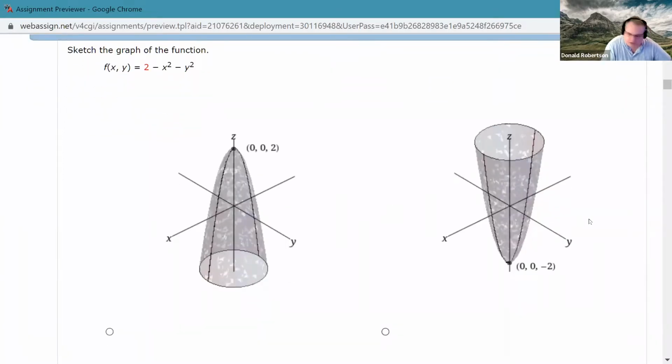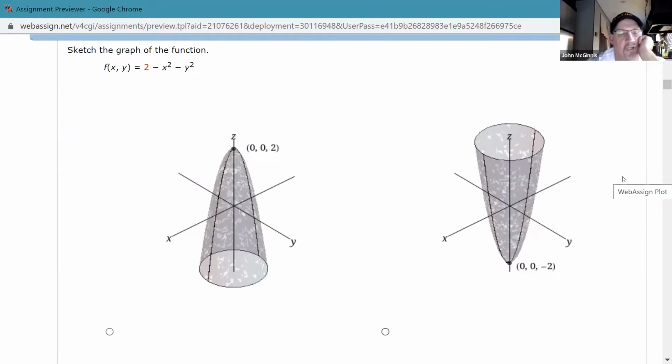It's going to be one of these two, that I know. Want to have a guess before we do a picture and see what it looks like? What do you think z equals 2 take away x squared, take away y squared might look like? It's the one you're looking at on the left, I think. Right. But I'm not sure.